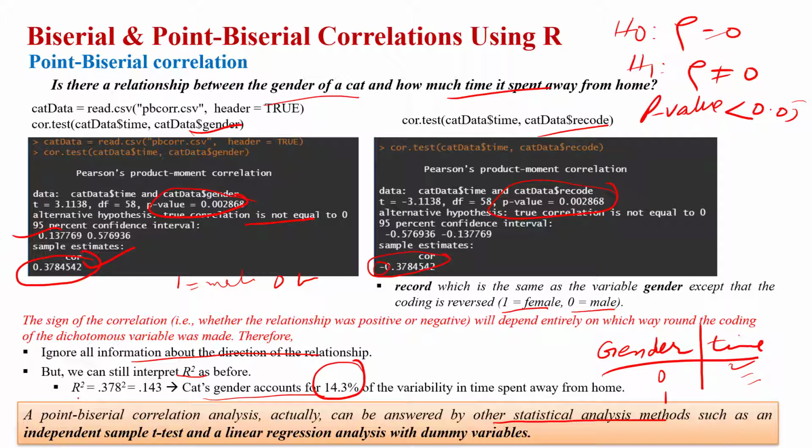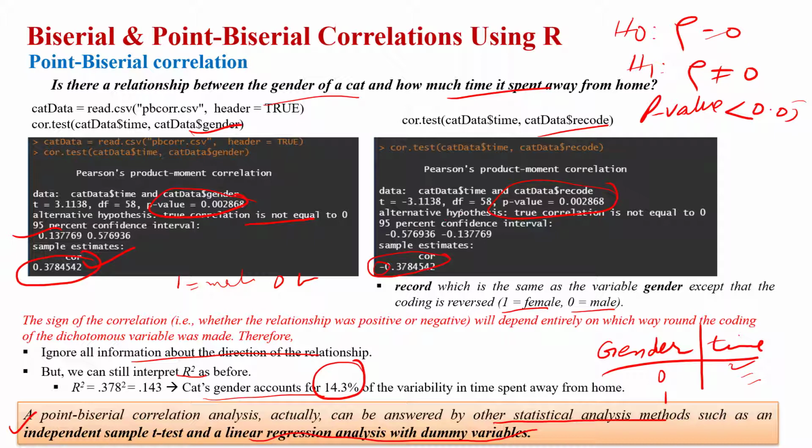What are those techniques? The independent samples t-test as well as linear regression analysis with dummy variables, which we will discuss in detail in the coming videos of this lecture series on multivariate analysis using R. I hope you got the idea under what condition we apply the point biserial and how we can interpret these results.